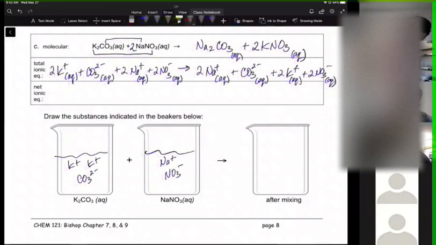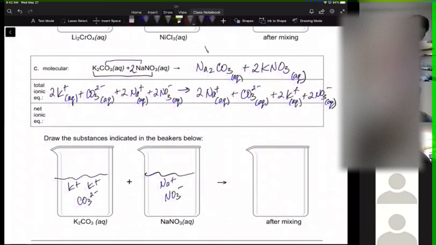Okay, did anybody write something like this? Or another way to ask that, why does that 2 come out in front? Is that clear? Does that make sense? So when we have this compound, they come apart.